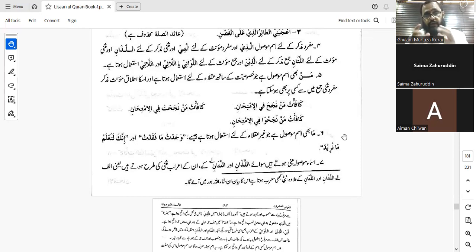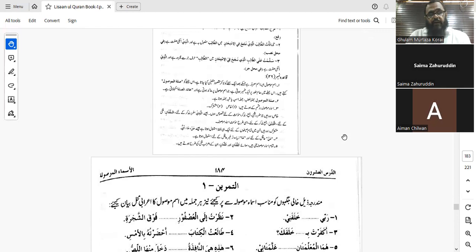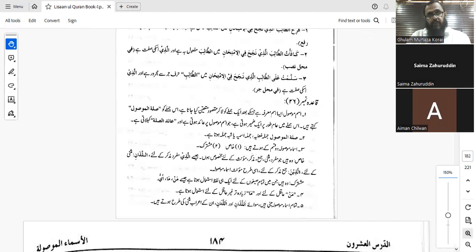So this asma al-mawsula can be divided into two categories further. One is the specific or definite asma al-mawsula, and the second is the common. Common here means the common form for mufrad, muthanna and jama', not beyond that, right? Now, what is important to understand at the moment?